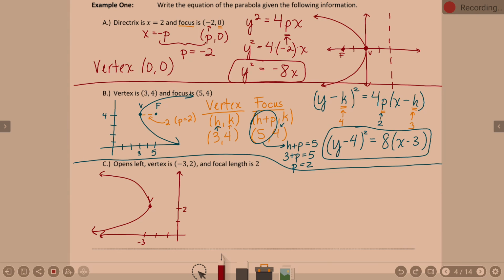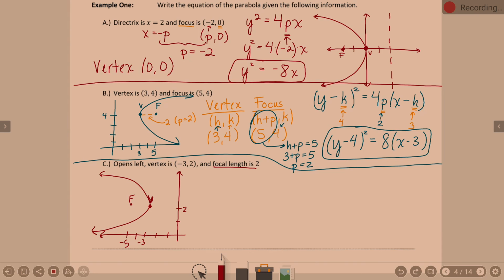The focal point would be negative 5, 2. It would be. And officially, some people are going to argue we don't have to know that. I understand. However, it's all about connections here. Do you guys see that? Why would it be at negative 5? Because the focal length is 2.